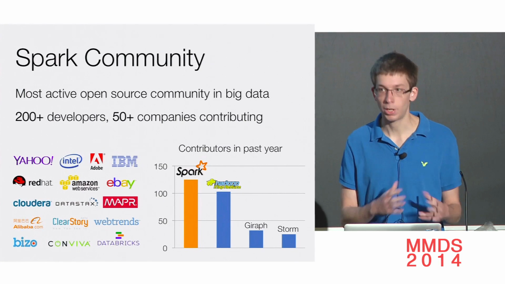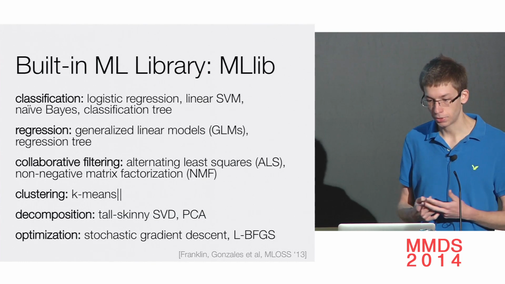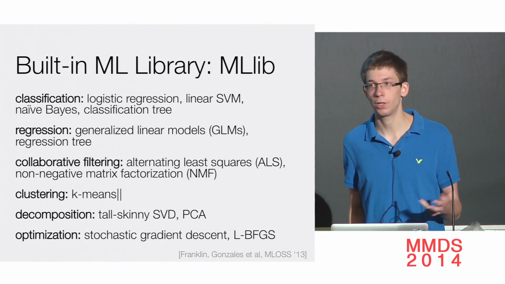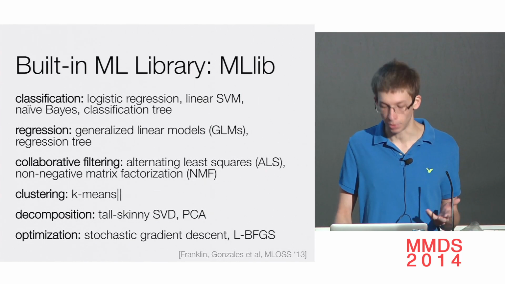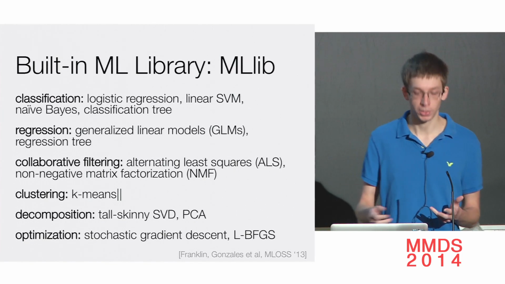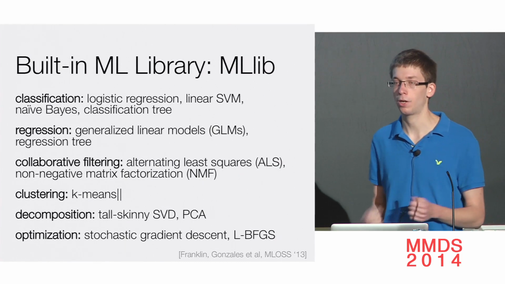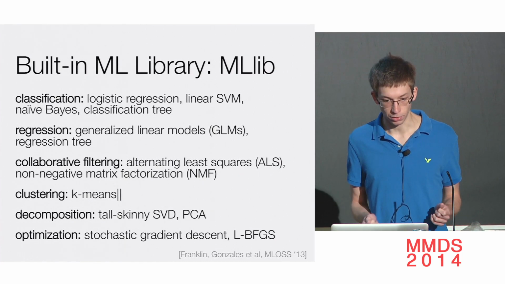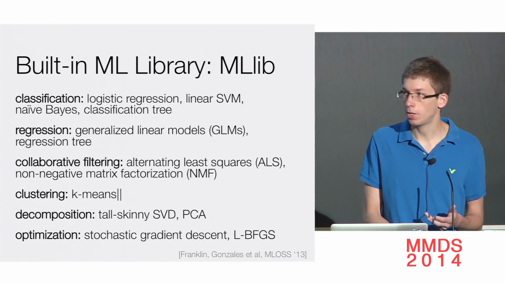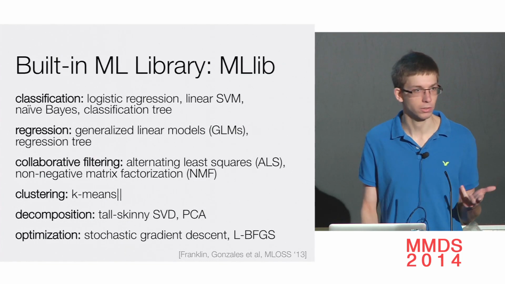On the numerical and machine learning side, a lot of the activity has been in this built-in machine learning library we have called MLlib. So after building the core engine, we wanted to provide some libraries out of the box with a bunch of algorithms that use the engine and are designed to scale well to clusters. And we started this library in summer of last year, actually, or I think in September.